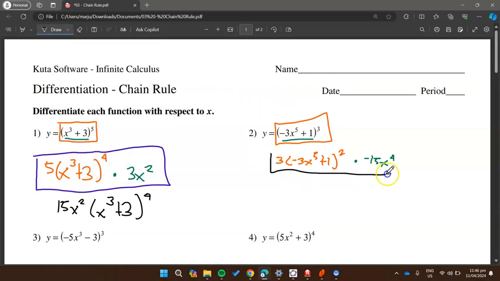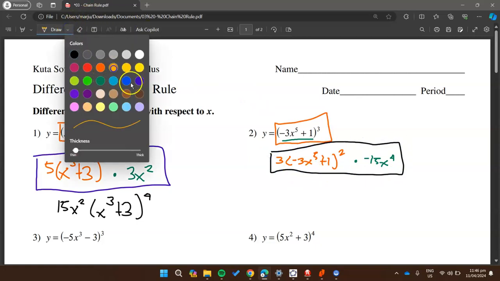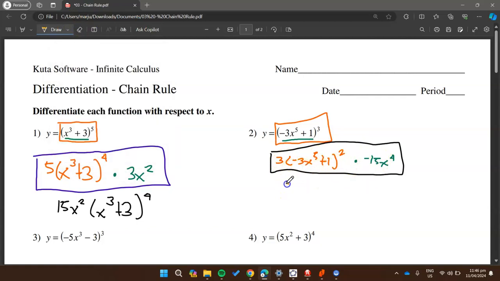What is the product of these two? This is just 3 times negative 15x to the 4th, that is negative 45x to the 4th power times negative 3x to the 5th plus 1 raised to 2. So that will be our answer for this item.